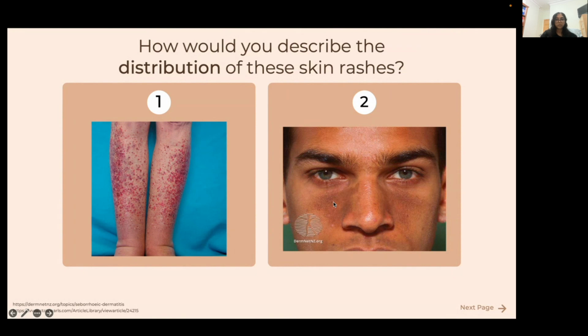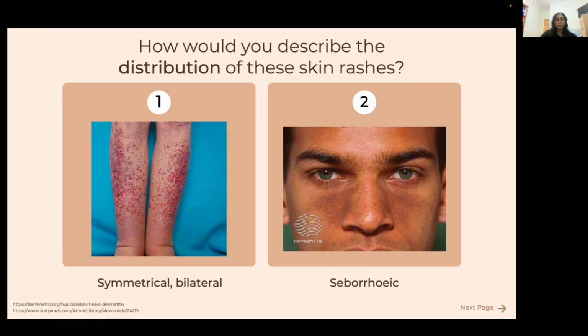Okay, nice. So yeah, well done. I agree. It's symmetrical. It's bilateral. It's on both of the legs. Yeah, it could be on a photo-exposed site as well. I agree, photodistributed. So yeah, this could be a malar rash.